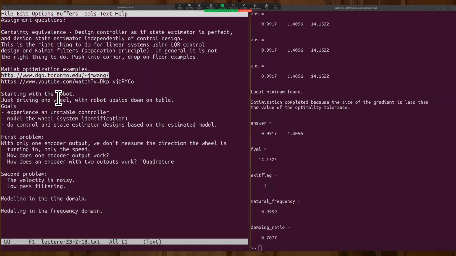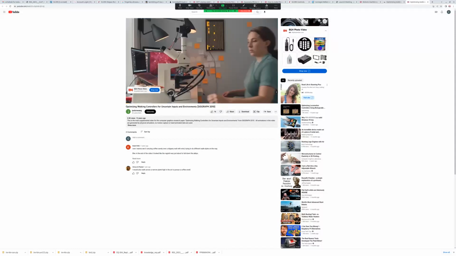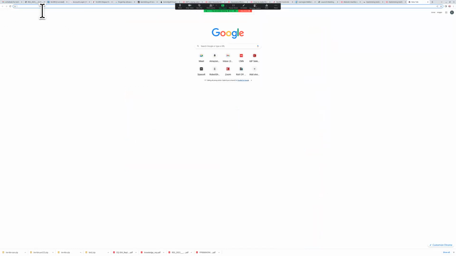Okay. Let me show you one other example. I was involved in a project where we wanted to optimize an exoskeleton, a very simple one, for humans. The problem is it's hard to get an accurate model of a human.